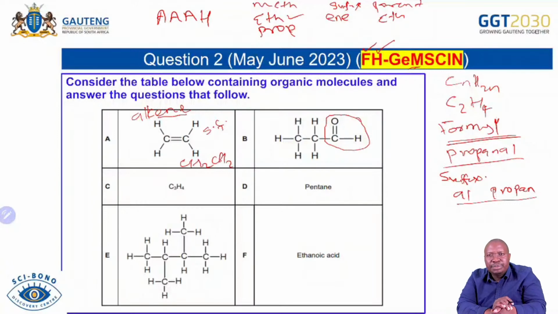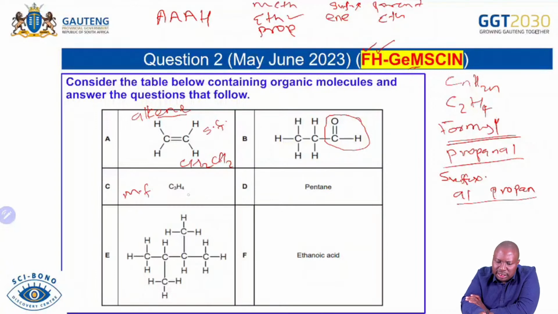I hope this helps you as you revise and you start to see that this is simple and you can get many marks. Now, you will be given structures like number C, which is now a molecular formula, because we don't want you to understand only one type of formula. We want you to understand all the formulas that we use.